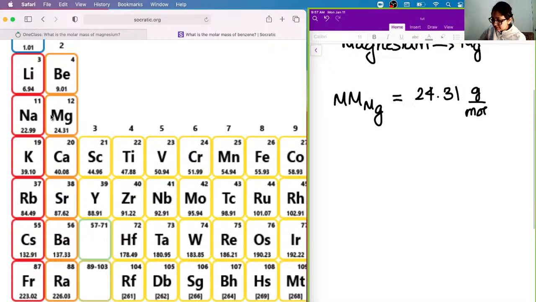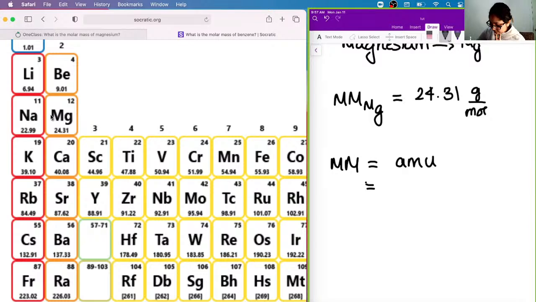Okay, so this is very important, the unit for molar mass. As I mentioned previously, molar mass is the same thing as your atomic mass. If you guys recall, to find your atomic mass, you basically add the number of protons plus the number of neutrons.